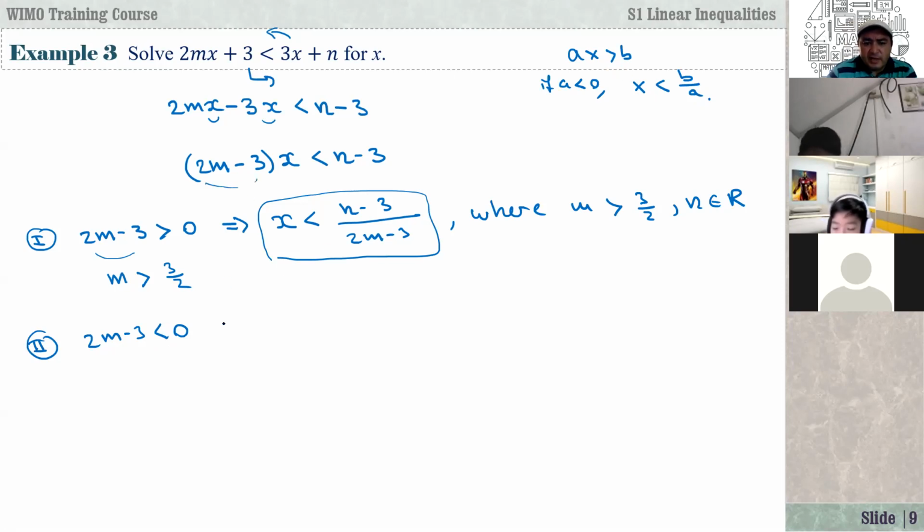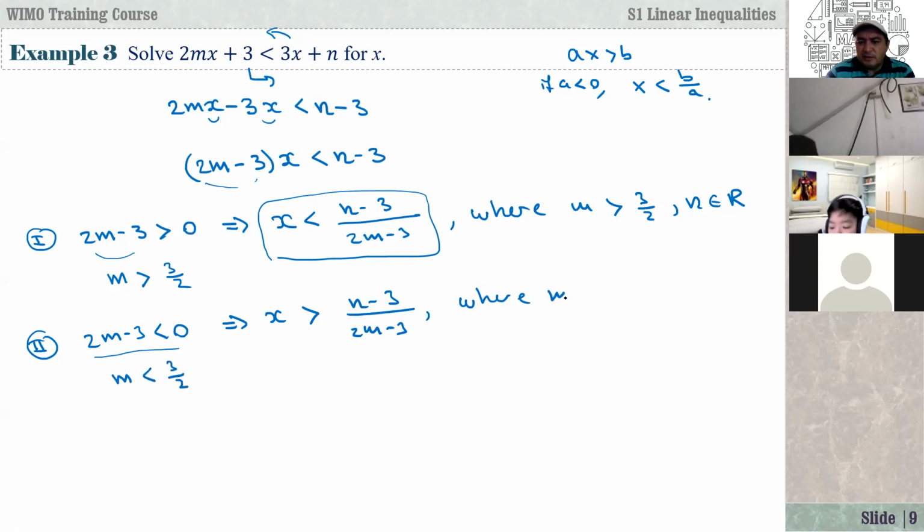So here we have x will be greater than n minus 3 over 2m minus 3. Again, 2m minus 3 is less than 0 means m is less than 3 over 2. And how about n? For n, we don't have any conditions. So n is any real number, or arbitrary real number.